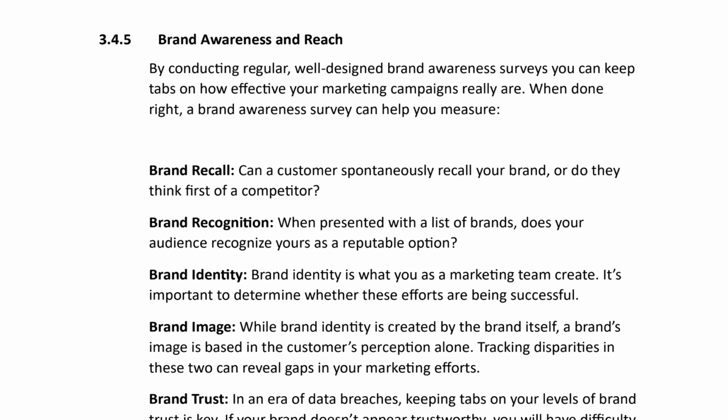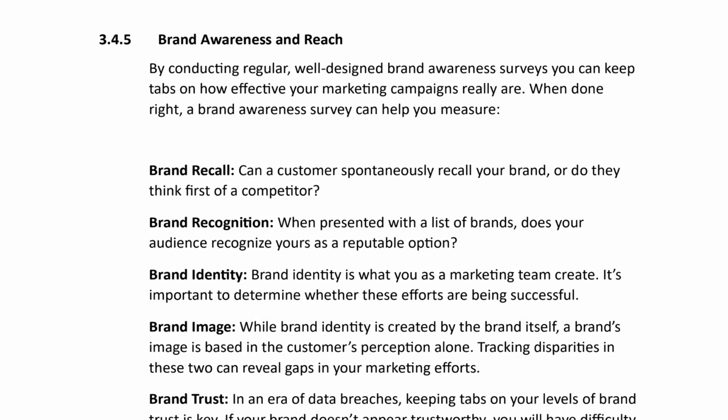Under brand recall, we mean that a customer should be able to spontaneously recall your brand without thinking of a competitor first. So brand recall is a question that hinges around: can a customer spontaneously recall your brand, or do they think of a competitor first?